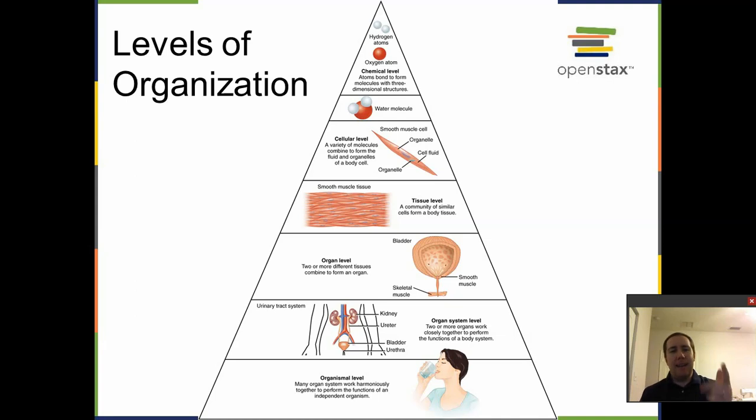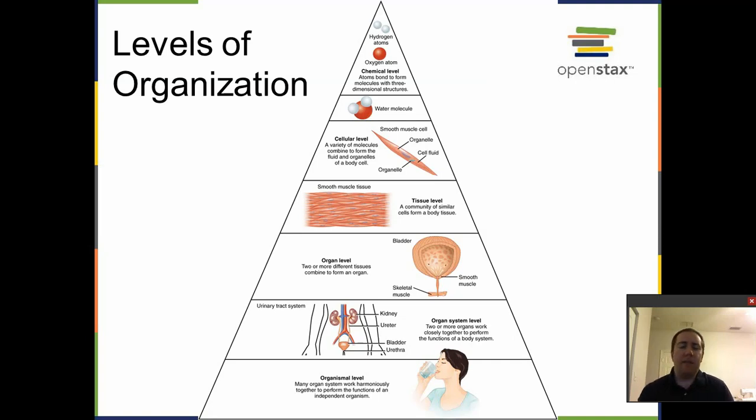Now, we said that a tissue is made up of cells of a specific type. Now, cells are the smallest level of this level of organization where things are alive. A cell is the smallest unit of life. And in that cell are other parts.